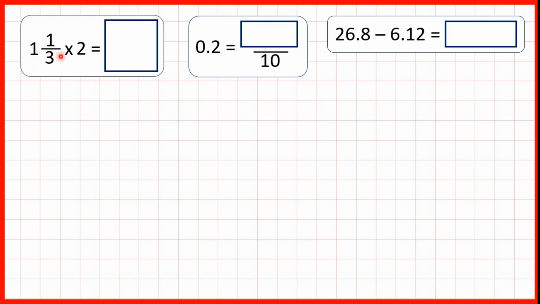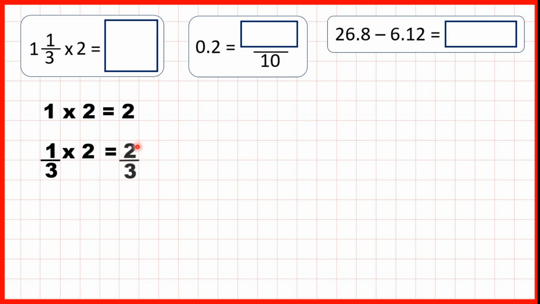1 and 1/3 times 2. So we can split this up, we can multiply our whole number by 2, so 1 times 2 is 2, and then we can multiply our fraction by 2. But remember, when we're multiplying fractions, we only multiply the numerator.